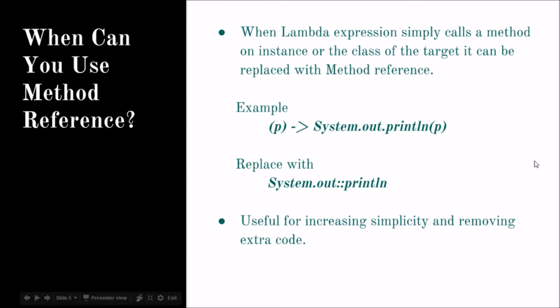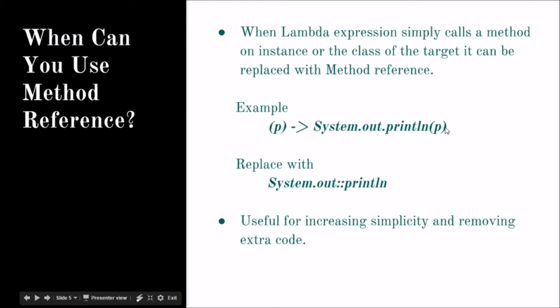For example, if I'm sending this p element or p object, and this is the lambda separator, to the println method and just passing it so that it can be printed. So this is a kind of pass-through example. I'm picking it and passing it to this method, right?